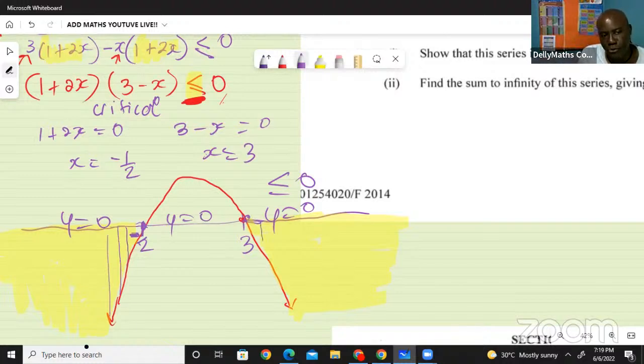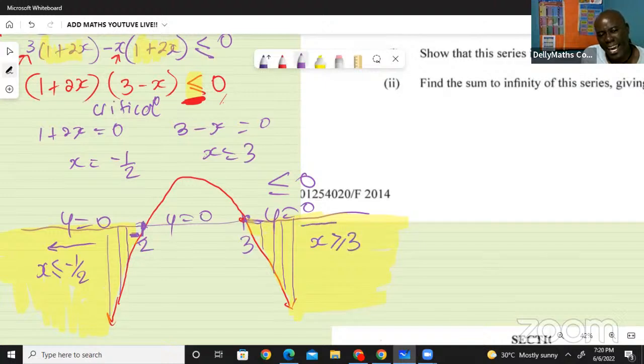And when I step to the right of 3, those x values would have touched the curve below. So we want to describe this. Over here, x is less than or equal to -1/2, because we're going that way to -infinity. And over here, we could say x is greater than or equal to +3. That means we're heading that way to +infinity.